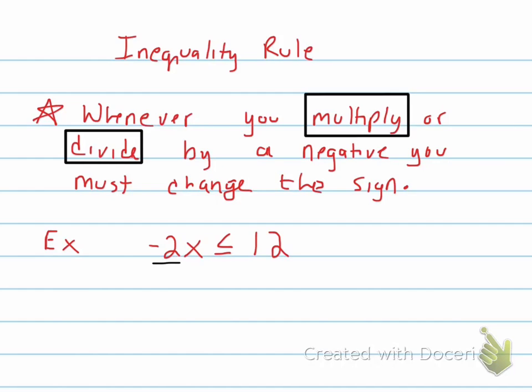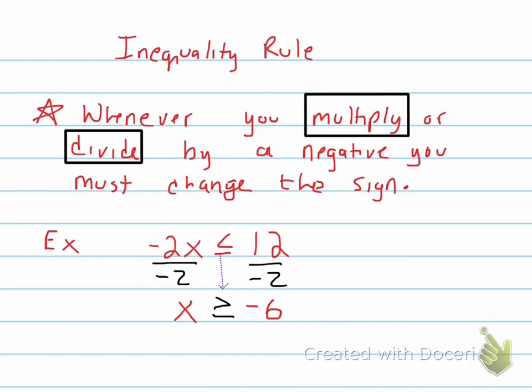So, I divide by -2, divide by -2, and I'm left with x. 12 divided by -2 is -6, and this changes its direction. So let me make that in black so you guys can see.